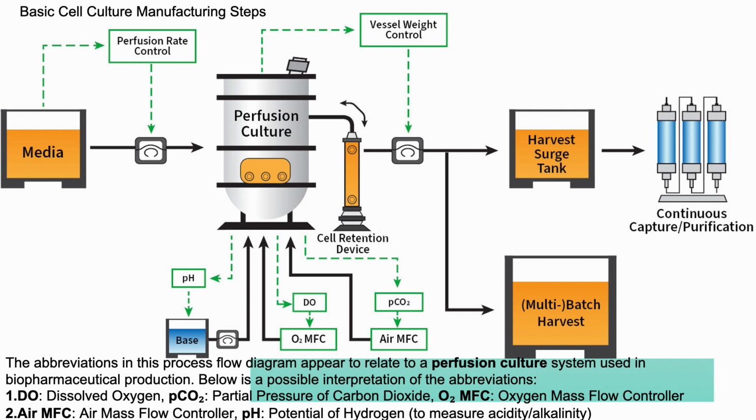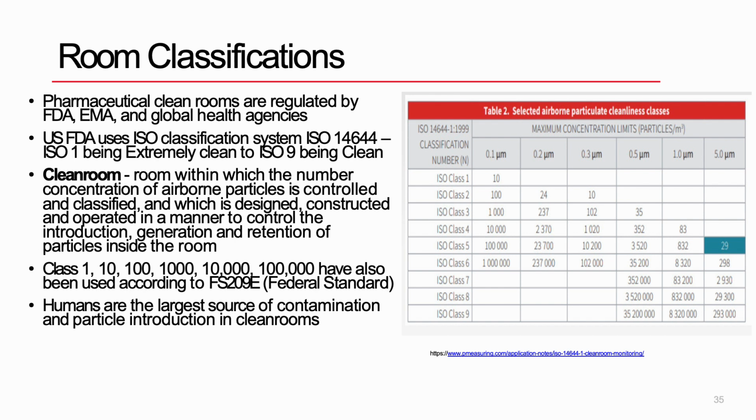After the perfusion culture, we have a cell retention device. The device is not going to allow the cells to pass, but we are going to get the product of the cells, and from there we are going to capture that product that we are then going to purify and use.